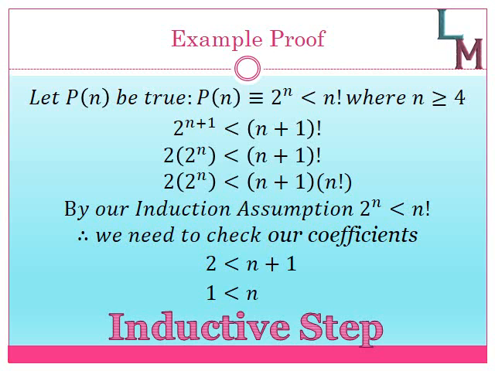What I care about now are the coefficients. So I know it seems odd to kind of drop out some terms, but because we already have assumed that and we know that 2 to the n is less than n factorial, we just need to make sure that the coefficients aren't so big or so small that they really throw us off.